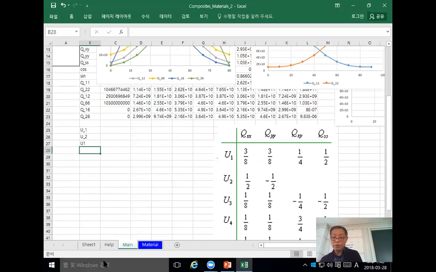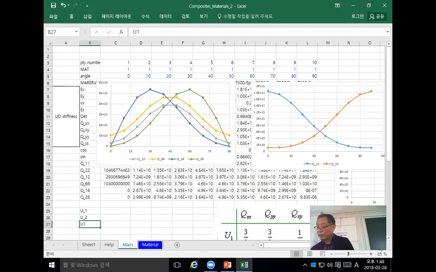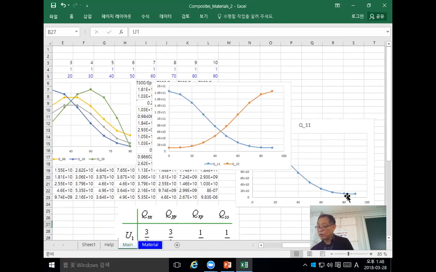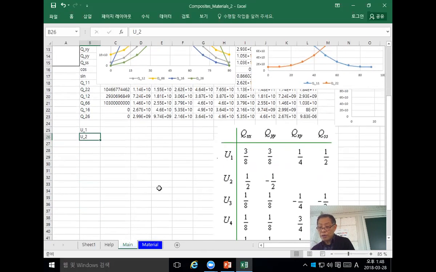The reason is that if you use U1, it will be its own reference address, right? So you should not use U1. Instead, I use U underbar 1. So U underbar 1, 2, 3, 4, and 5.